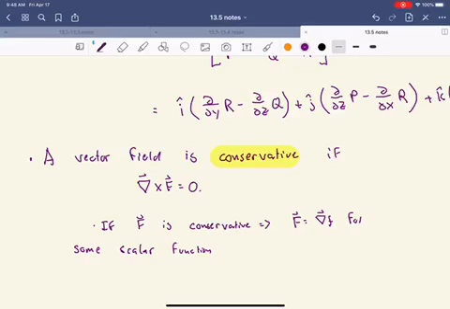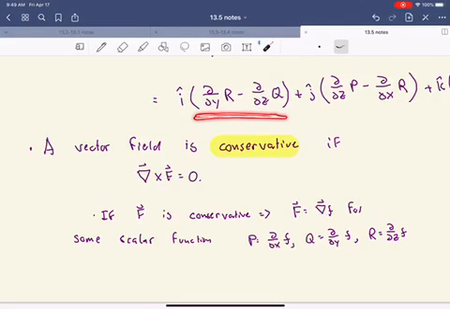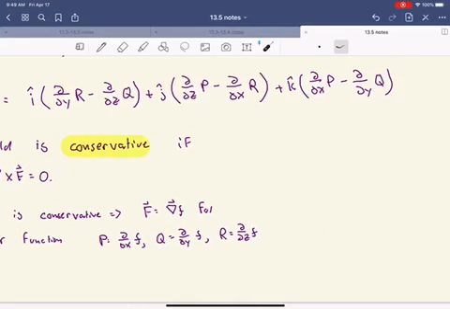Okay, and a lot of the vector-valued functions that you see in physics are conservative. They need to be. Okay, that means, let's take for example, that p is the partial with respect to x of f, q is the partial with respect to y of f, and r is the partial with respect to z of f. So let's take, just for example, this component of the curl. Okay, so let's do it over here.